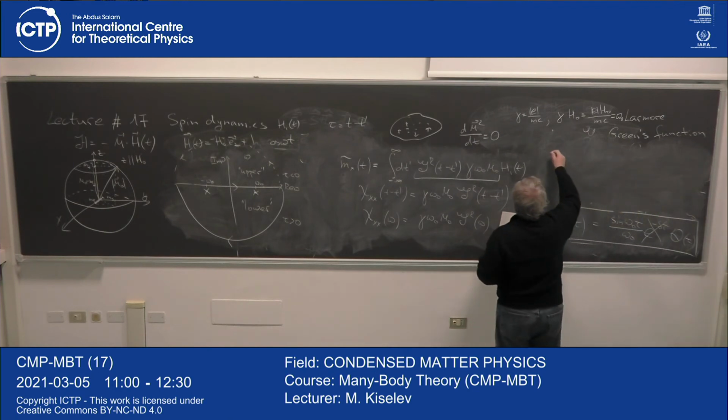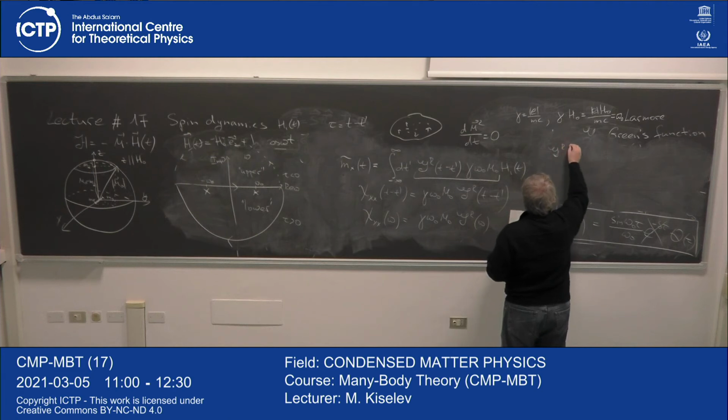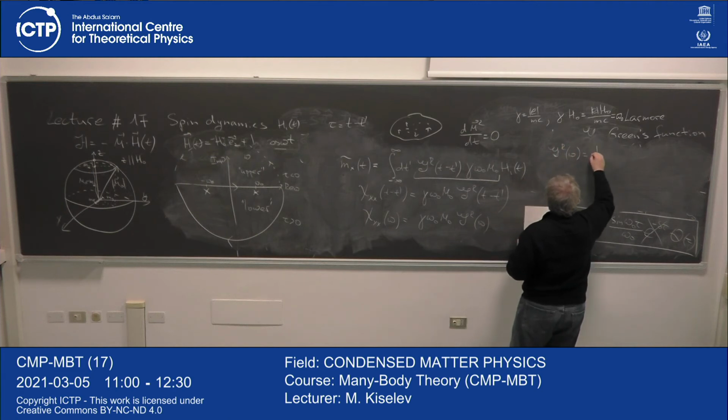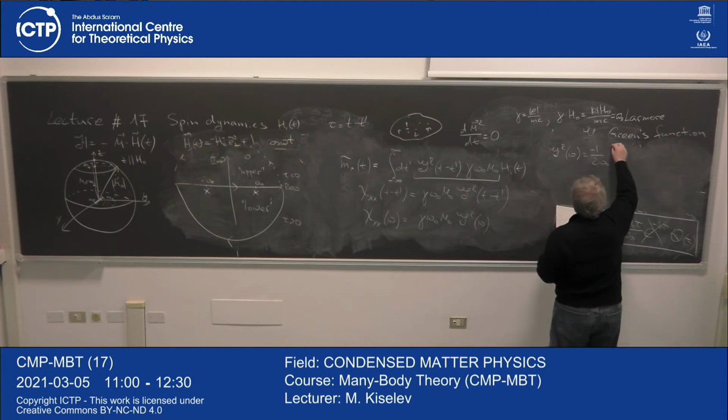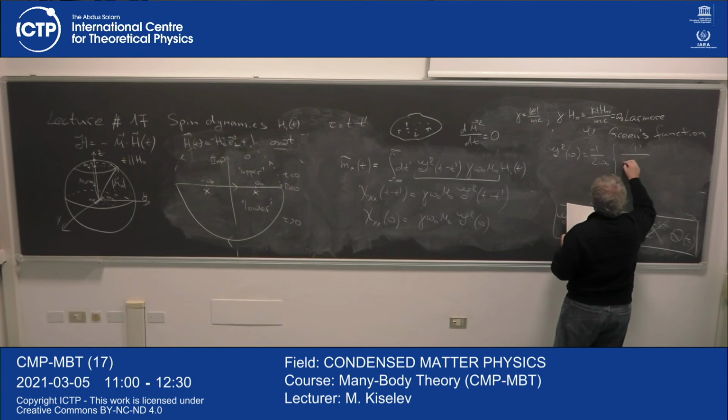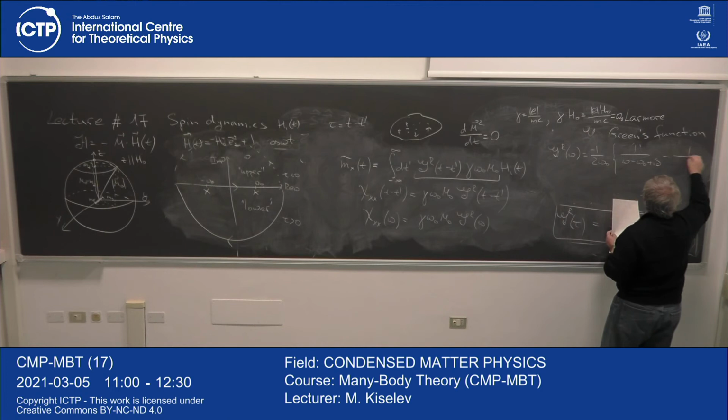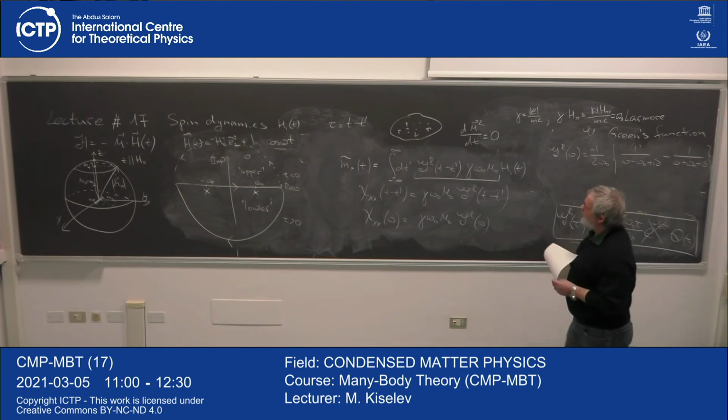So, once again, G R(omega) is equal to 1 over 2 omega naught, actually minus, times 1 over (omega minus omega naught plus i delta) minus 1 over (omega plus omega naught plus i delta).